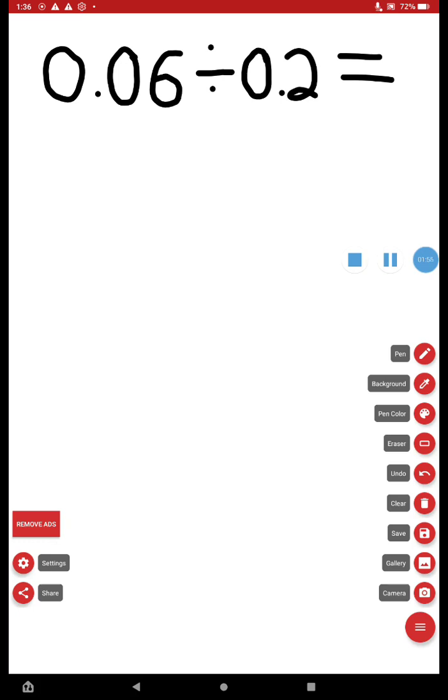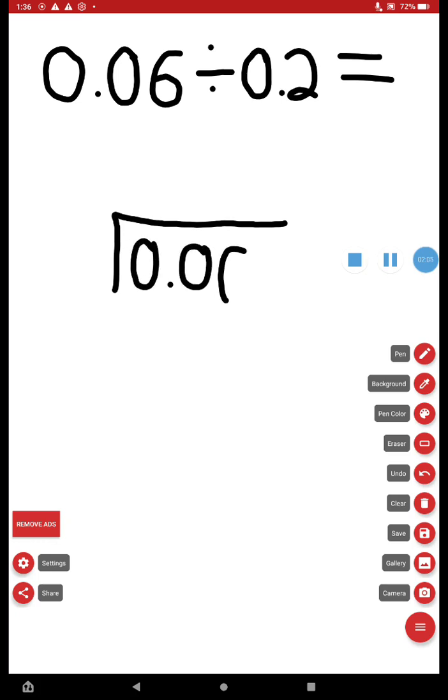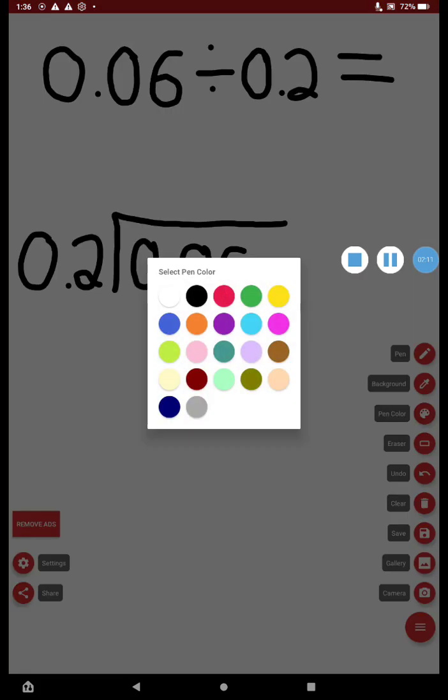On your worksheet, it's called method number 2, where I rewrite the problem to have my division bar. I put my dividend in the den. I put my divisor under the visor outside, and now I'm searching for my quotient.